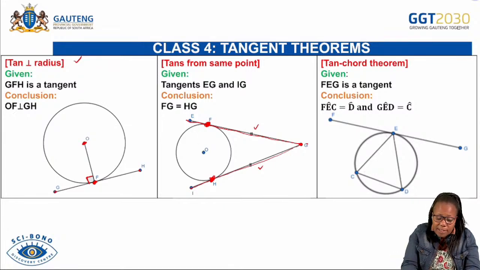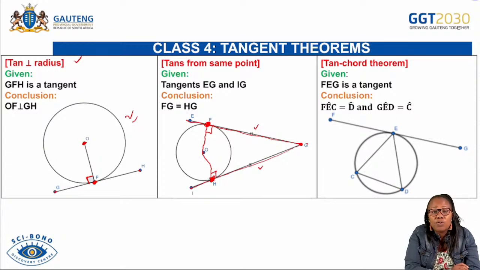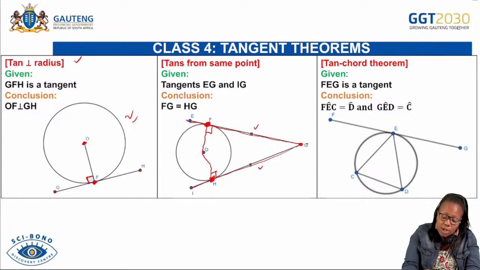Some examiners can also bring in this theorem of tangent and chord by drawing a tangent there. Then you must know that it is perpendicular, from the previous one. Draw another tangent there, and then this will also be perpendicular. Drawing radii from that point to the tangent forms 90 degrees. It forms a tangent perpendicular to radius, right?